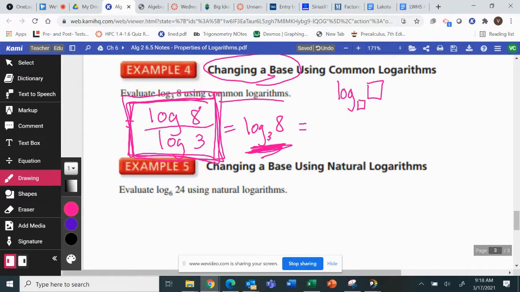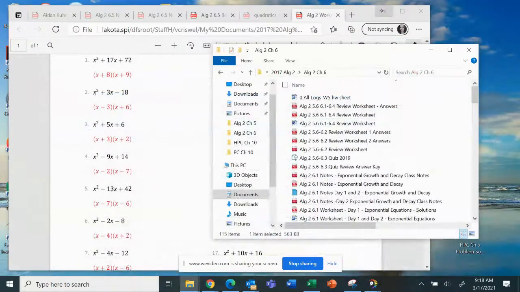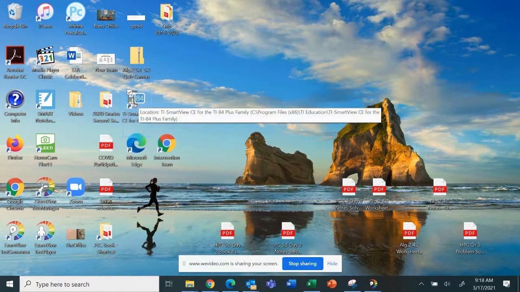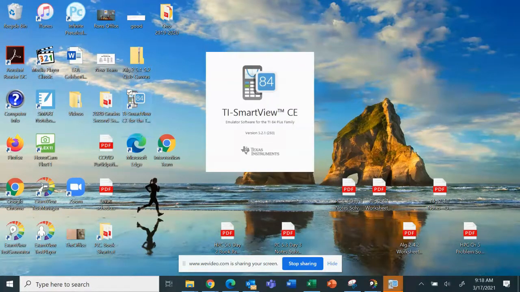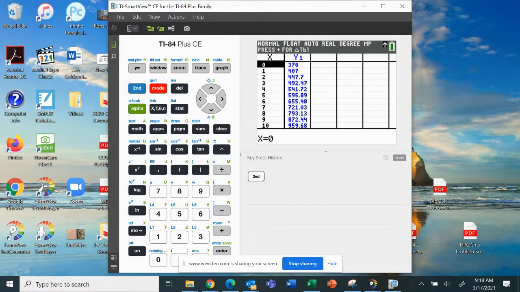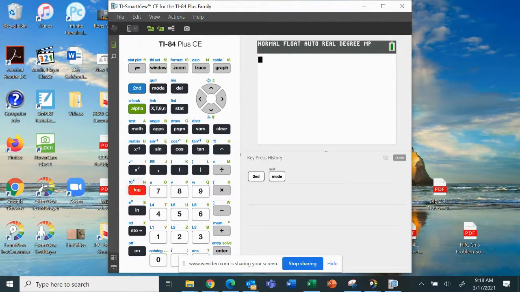I have a calculator somewhere, so I'll do it up here. Where's my calculator? Here it is. Was it 8 over 3? Is that what it was, guys? 8 over 3. Log 8.